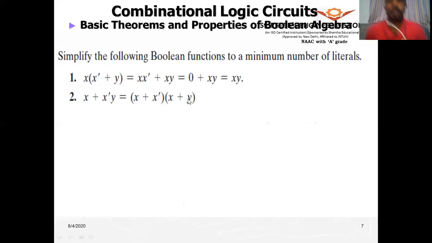So if you further simplify, when you multiply both of these, this is nothing but x OR x complement, the result is 1, and x OR y. So we have reduced the x complement operation and we have reduced it to x OR y.